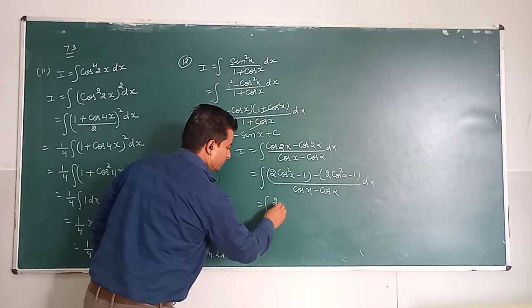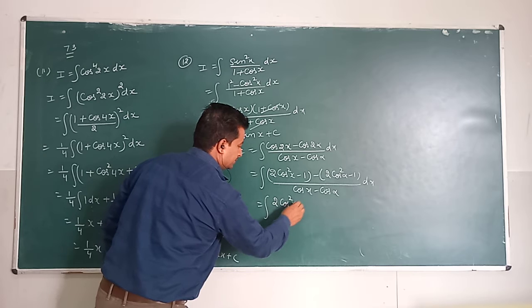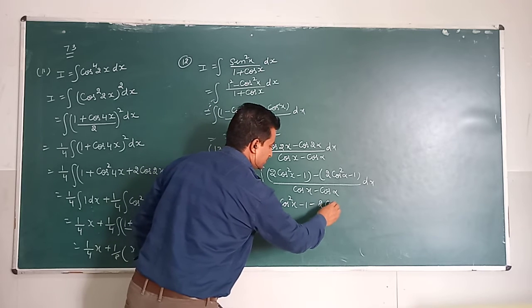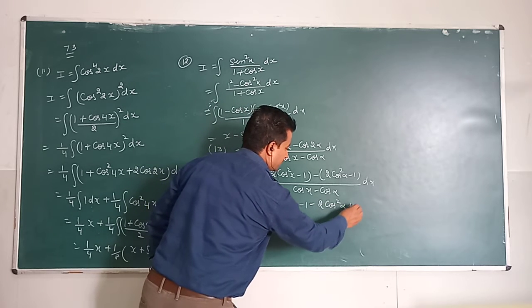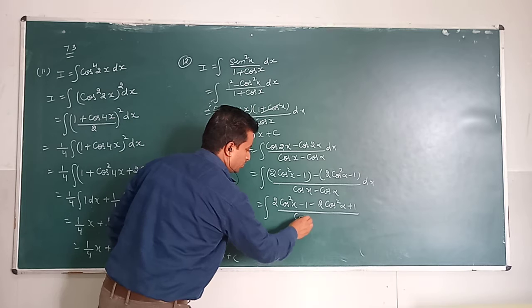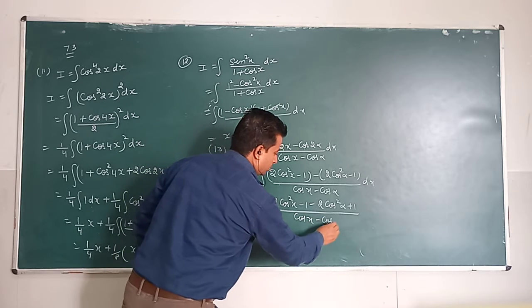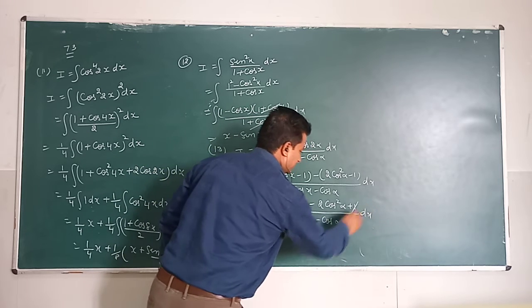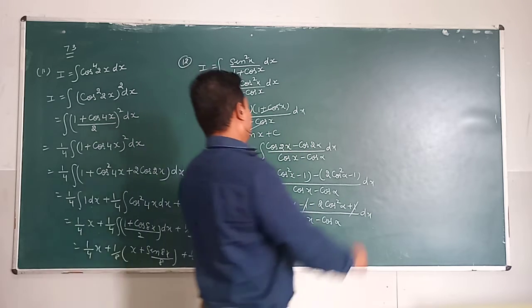So when we open this bracket, this is minus 1, this is 2 cos^2 x minus 2 cos^2 alpha, plus 1, upon cos x minus cos alpha dx. The 1 cancels out.